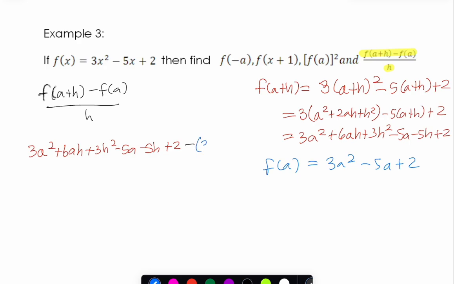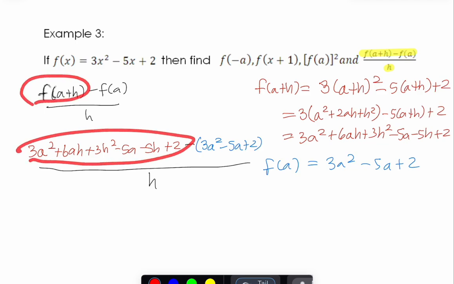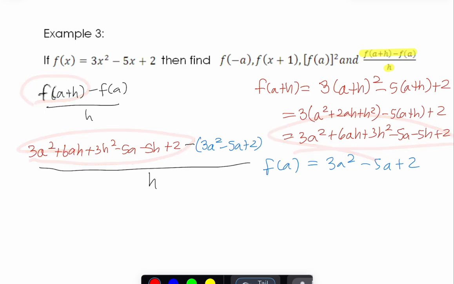So put it in parentheses, 3a squared minus 5a plus 2. And we are going to take that all over h. Okay, so let's look at what I've done again. This is f of a plus h. Then we put your minus symbol in parentheses. Now we're going to put our f of a.